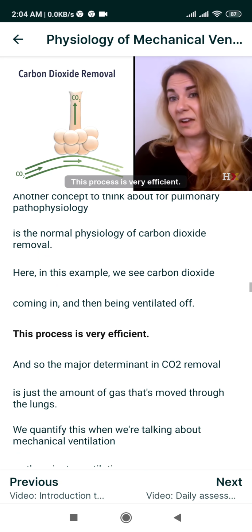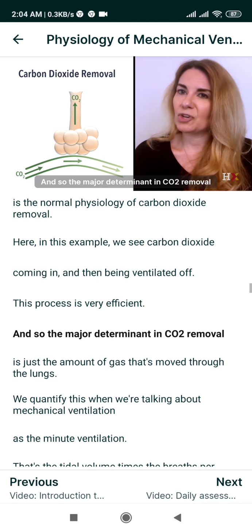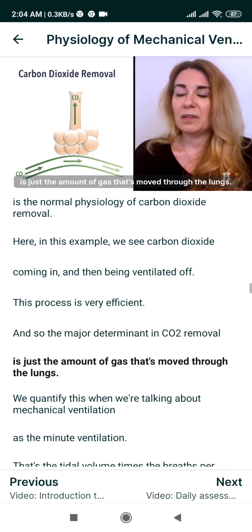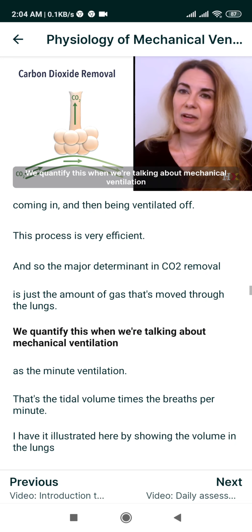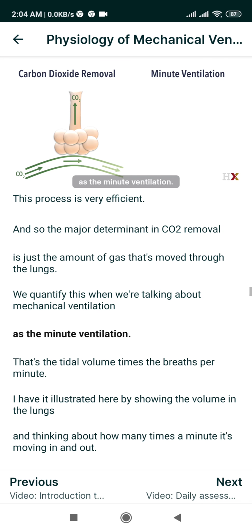This process is very efficient, and so the major determinant in CO2 removal is just the amount of gas that's moved through the lungs. We quantify this when we're talking about mechanical ventilation as the minute ventilation.